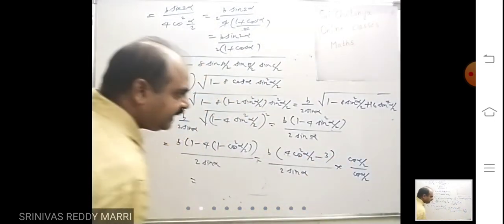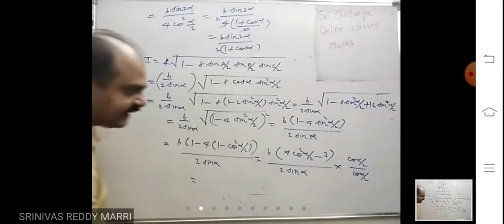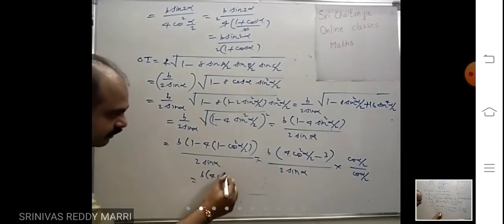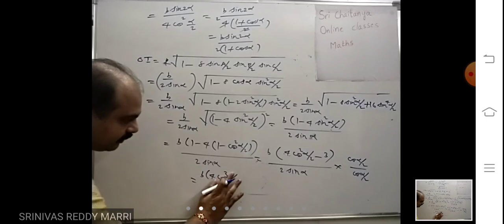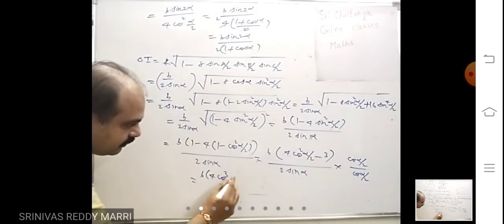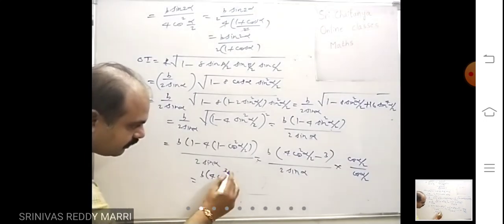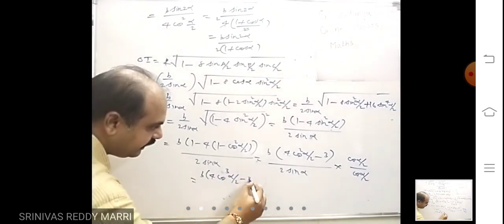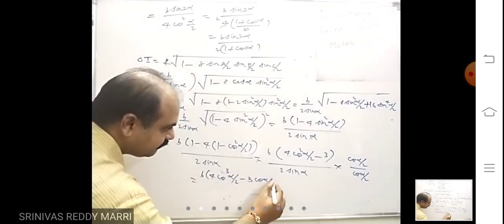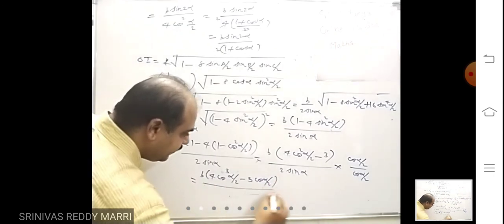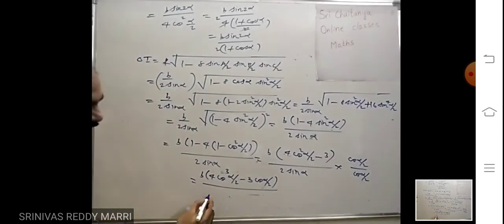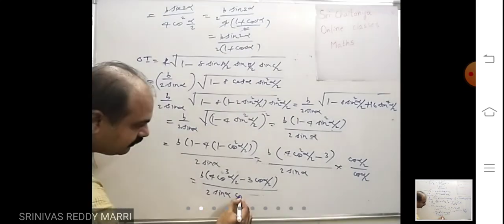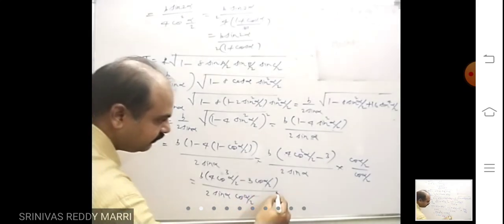Why I am multiplying is, you bring it inside and multiply. 4 cos cube alpha by 2 minus 3 cos alpha by 2, divided by 2 sine alpha into cos alpha by 2.